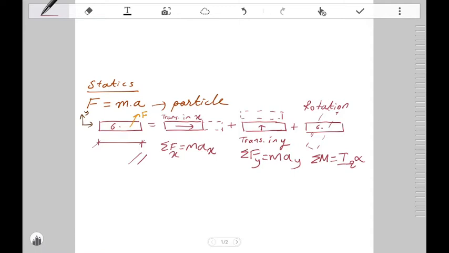But in statics, we simplify it because for most of our cases, we don't want our structure to move. So we say that under any given applied forces, if we don't want our structure to move, we say that acceleration must be equal to 0.